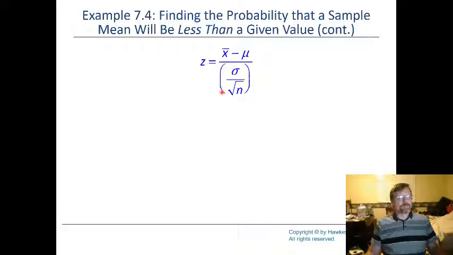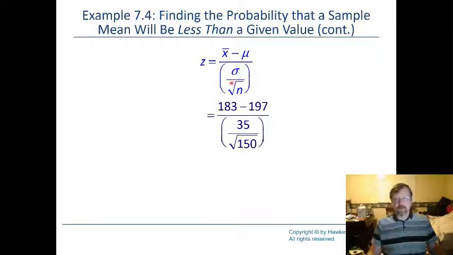So in terms of actual numbers, this bottom part is the only thing that actually changes because we're still looking for less than 183. We're just looking for an average from that sample of less than 183. Standard deviation will be the standard deviation divided by the square root of the sample size.